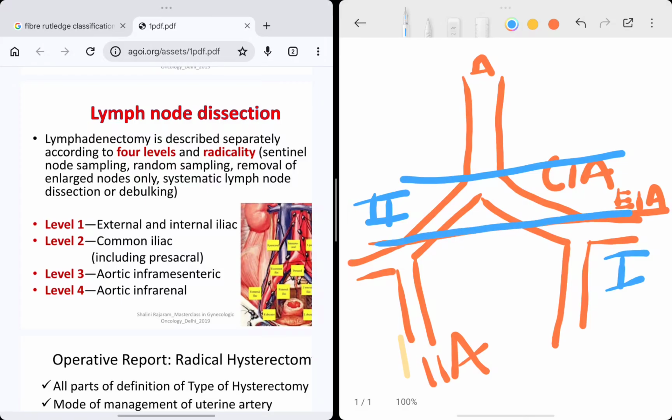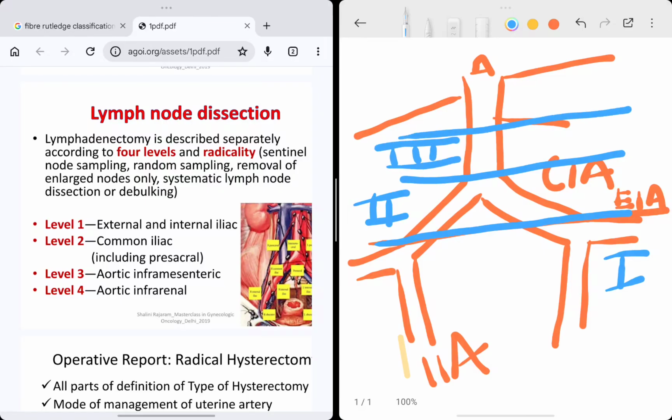If the division is just below the inferior mesenteric artery, so this is the inferior mesenteric artery, this is the right renal artery, this is the left renal artery, this is level 3. And above the inferior mesenteric artery, that is just below the infrarenal area, this is level 4. So the levels are level 1, level 2, level 3 and level 4.